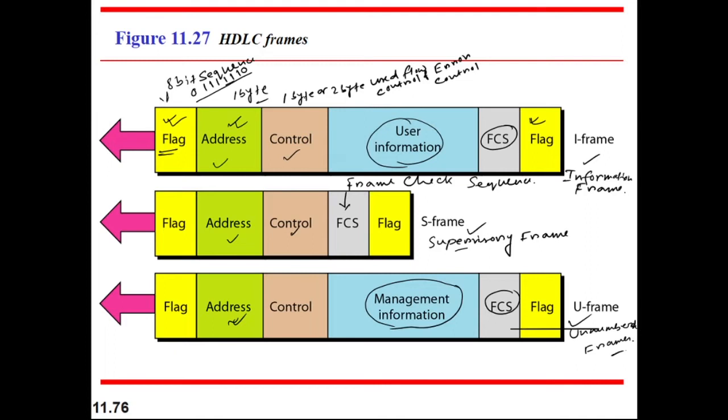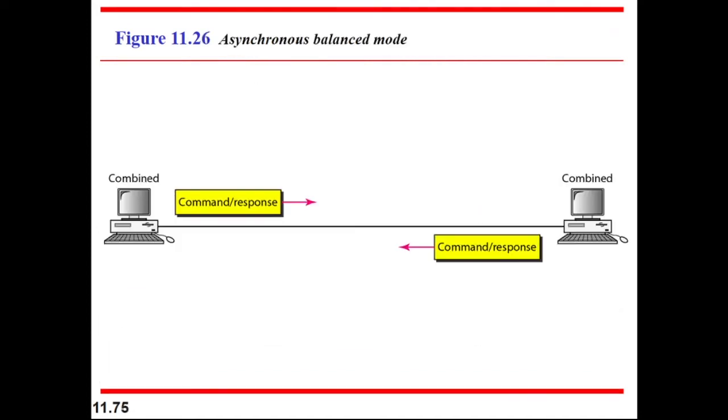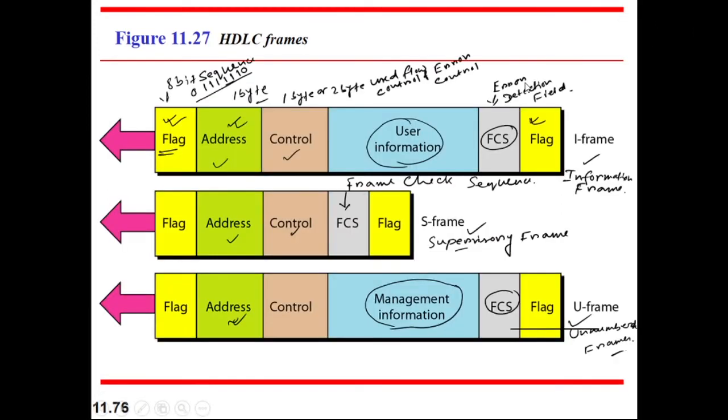This information field contains the user data, so user data is actually present in this field. After that we have another field, the FCS field, the frame check sequence. This is the error handling field, that means it can detect any error, so it is the error detection field. After that is the end of the frame, where again we have a flag field. So these are the different field structures.